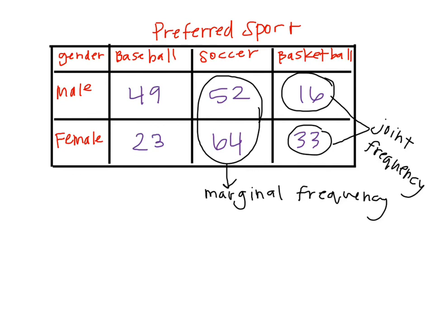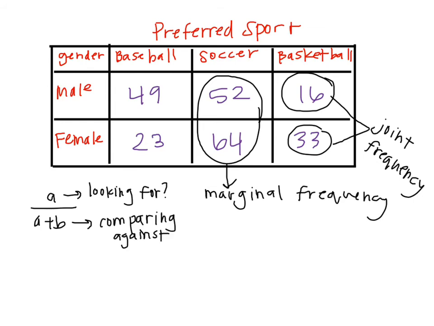Finally, we have conditional relative frequency. This is found by doing A divided by A plus B. A is kind of what you're looking for, and A plus B is what we are comparing it against. So, for example, let's say I want to know the conditional relative frequency of males who prefer baseball.